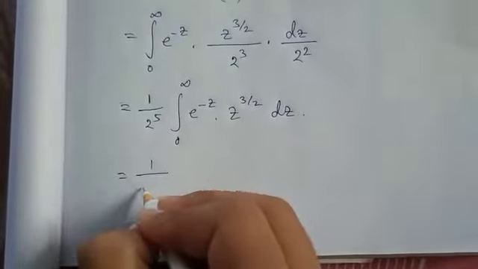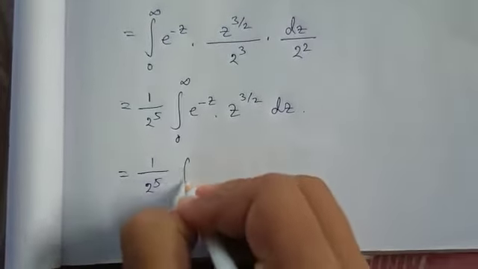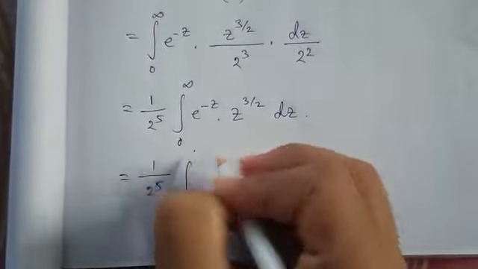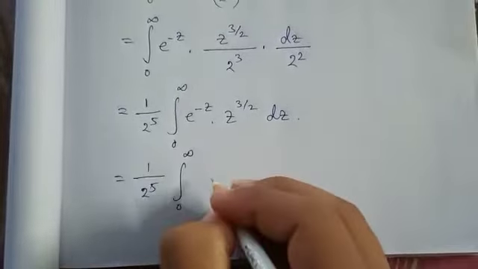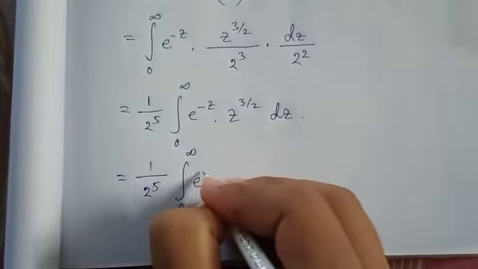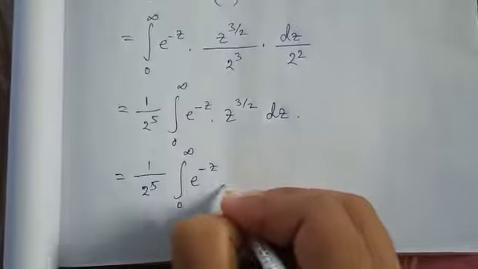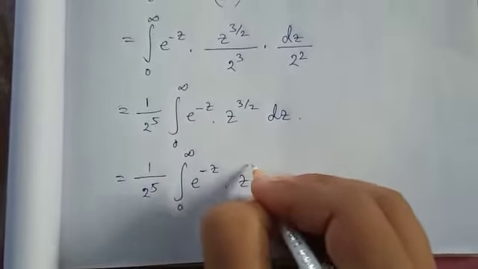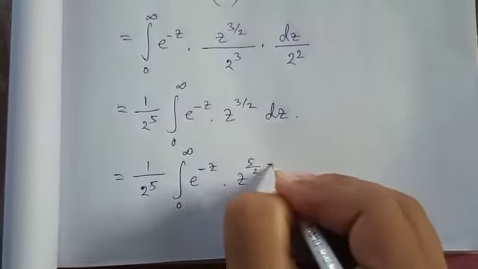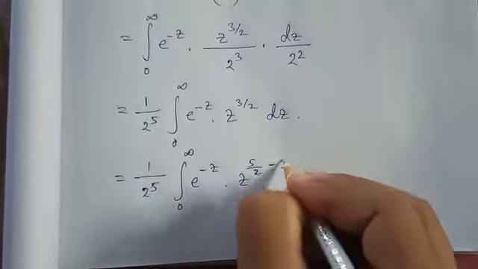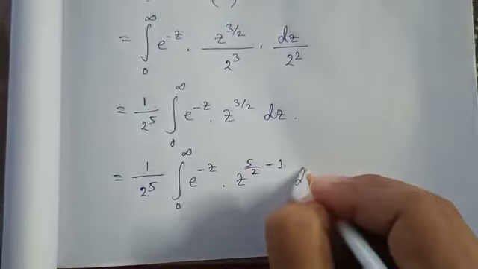One by 2 to the power 5, integration from 0 to infinity of e to the power minus z into z to the power 5 by 2 minus 1 into dz.